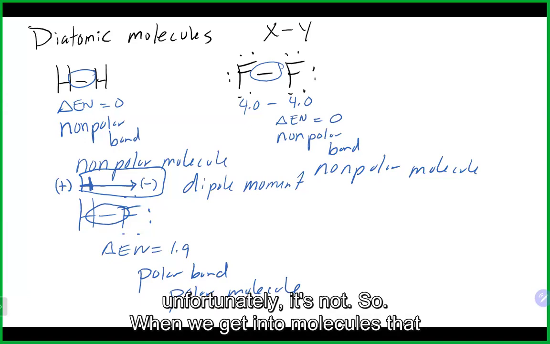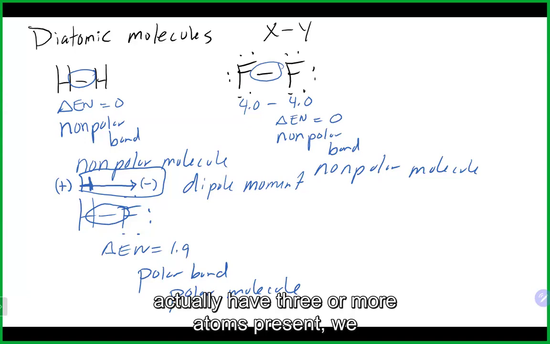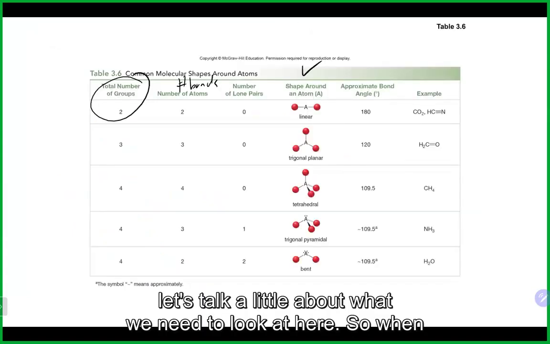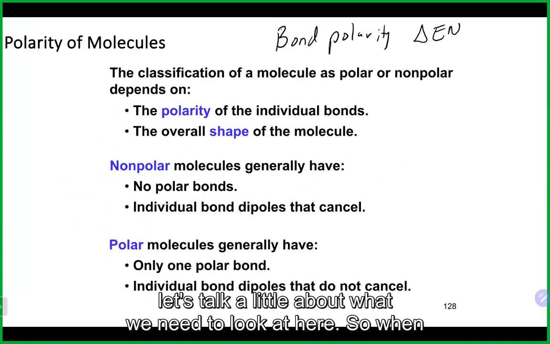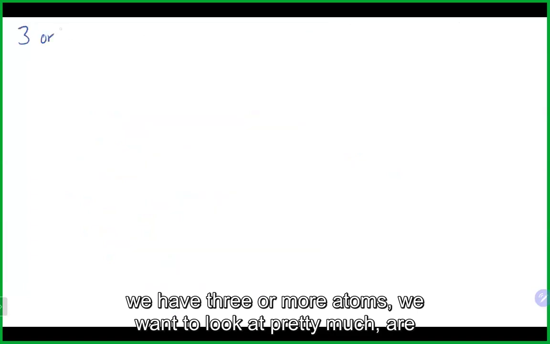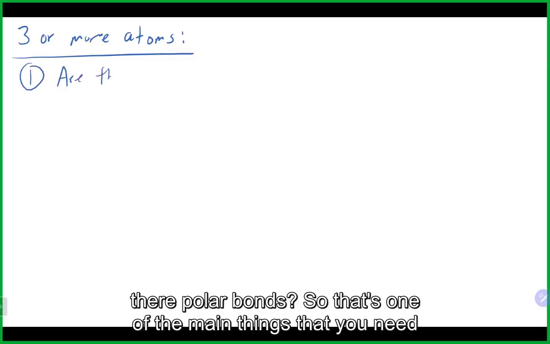So when we get into molecules that actually have 3 or more atoms present, we actually have to look at a couple of different things. So let's talk a little bit about what we need to look at here. When we have 3 or more atoms, we want to look at, are there polar bonds?